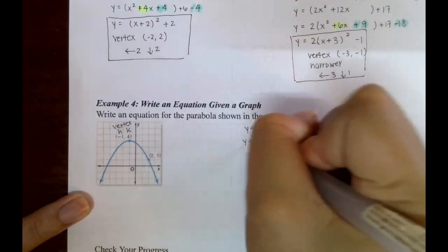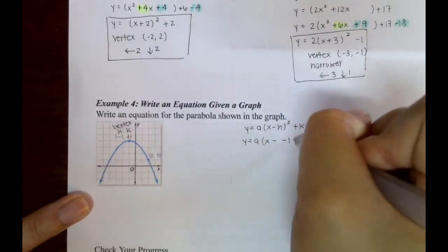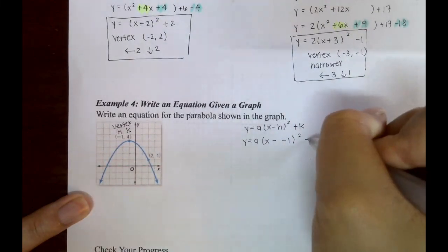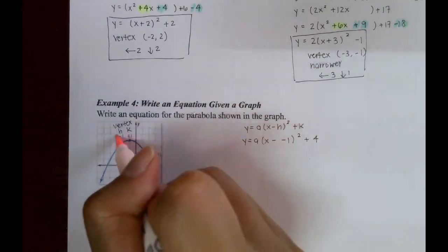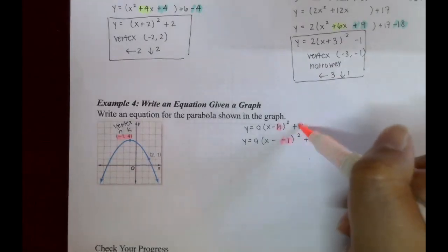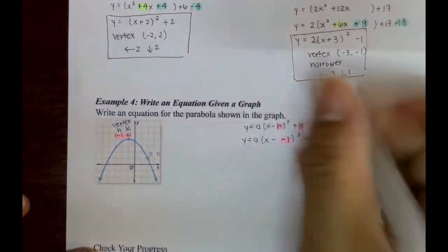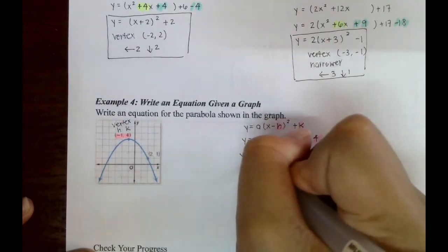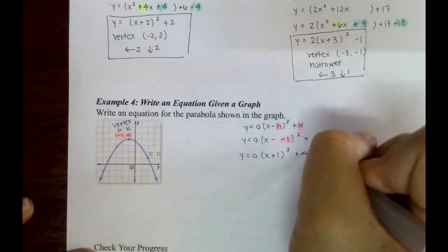So y equals a, x minus h is -1, and then square, and then k is 4. Okay. Then I'm just going to simplify that minus a negative really quick to be x plus 1 squared plus 4.